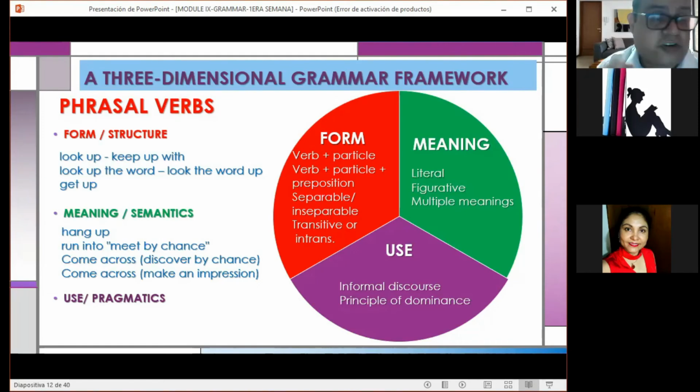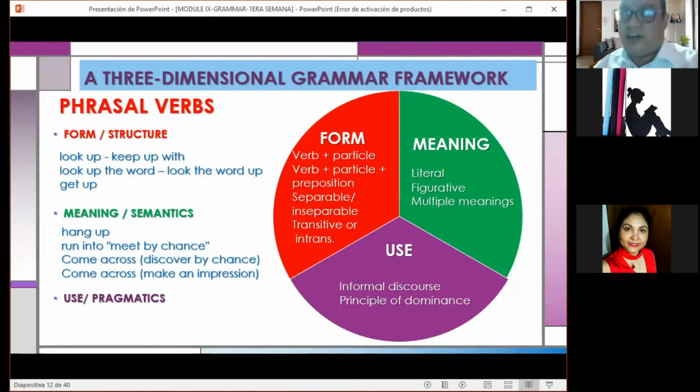For example, run into. It doesn't mean that you're going to run into a place. No. Run into means meet by chance. So it means that you didn't plan it. You meet a person with no planning. It was just occasionally. Maybe you were walking in the park and then you saw your best friend and you say, oh, yesterday I ran into my best friend.